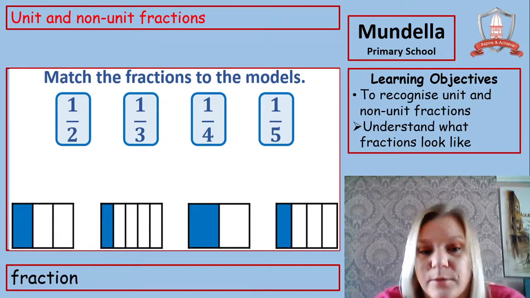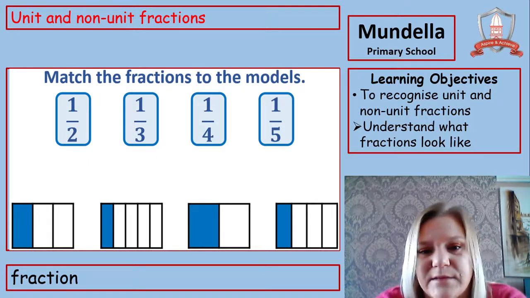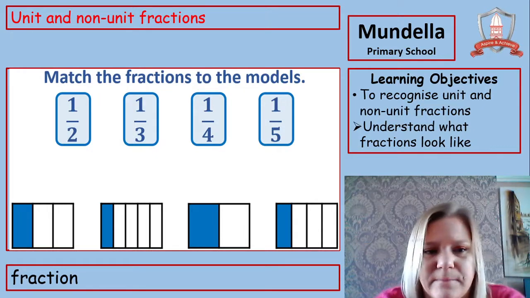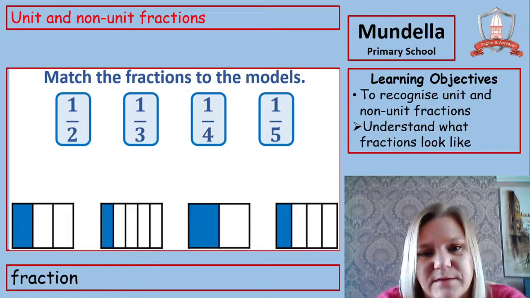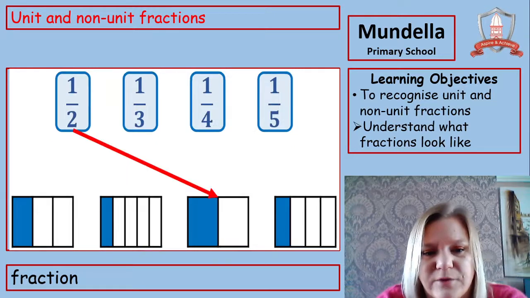And the top number of our fraction, the numerator, will tell us how many pieces are shaded or have been eaten. So if we look at the first one, it says 1/2. That means a whole thing split into 2 pieces, and one of those pieces is shaded. So 1/2 would match up with this fraction here.